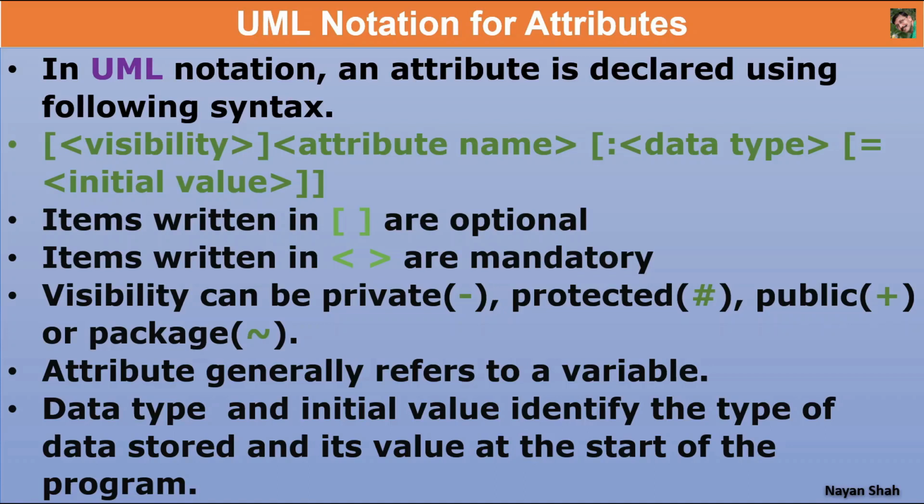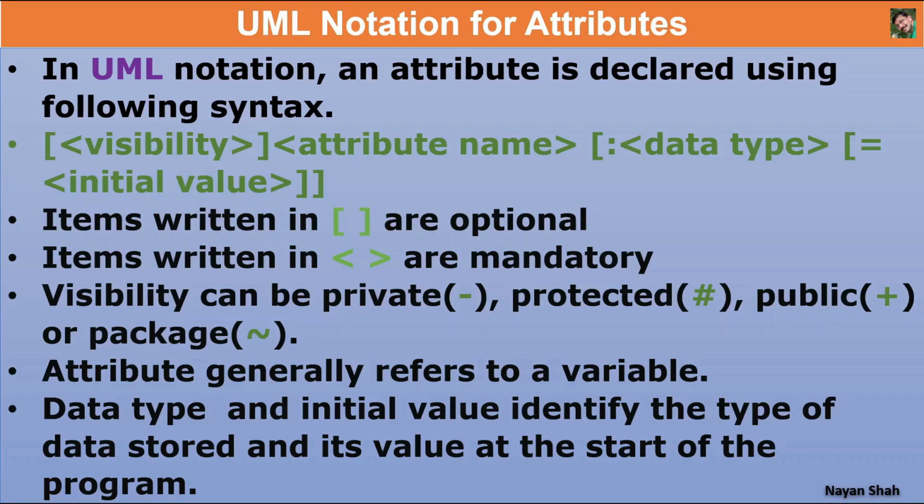Attributes generally refer to a variable. Attributes are nothing but variables. The data type and initial value identify the type of data stored and its value at the start of the program. So the data type decides what kind of values can be stored in that variable, and if we assign some initial value, it will be taken as the value at the beginning of the program.